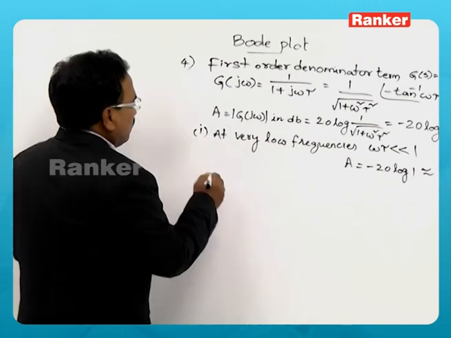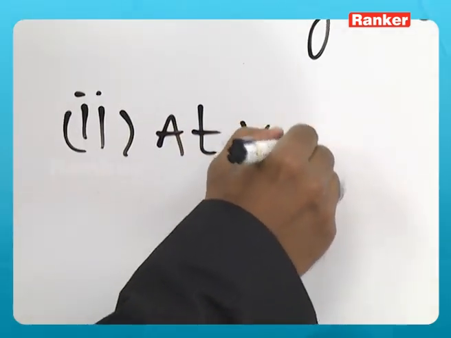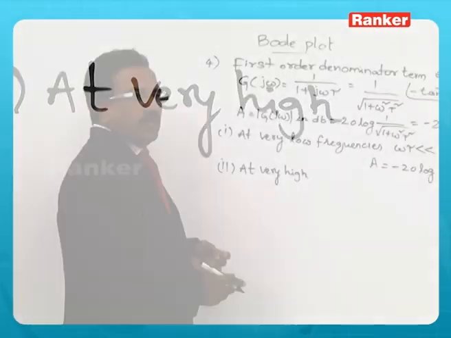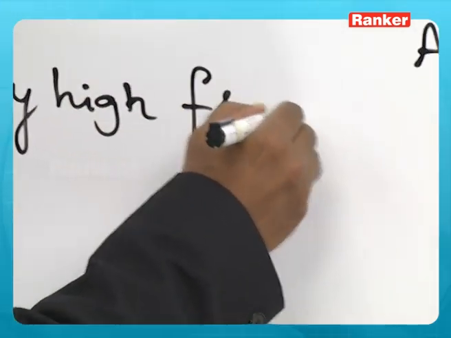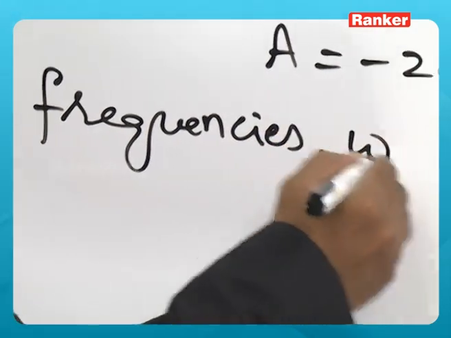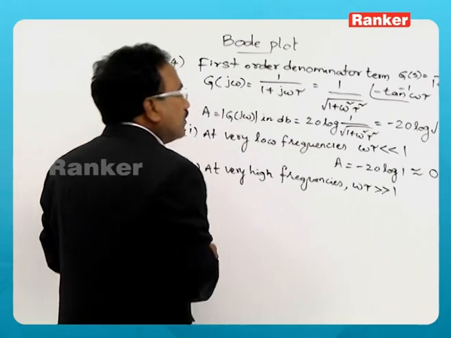Second case, we consider very high frequencies, because the magnitude plot is being drawn for a wide range of frequencies. So, at very high frequencies, that means omega tau is very much greater than 1.